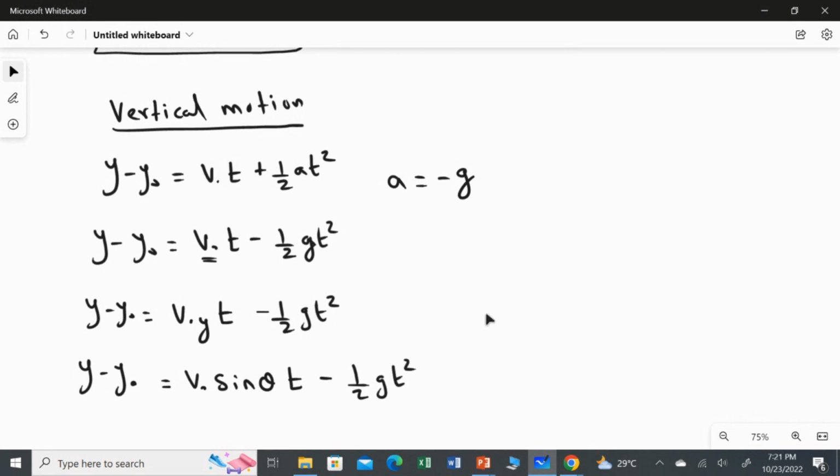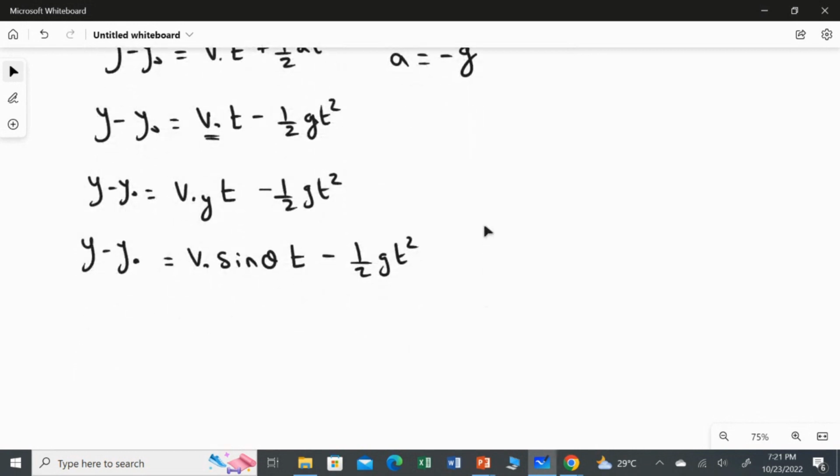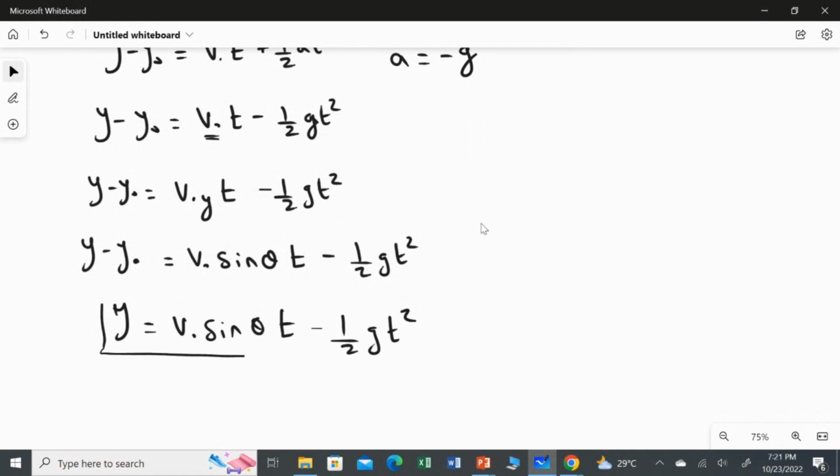As we already mentioned, our x0 and y0 are 0. So I can rewrite this equation as y equals v0 sine theta multiplied by t minus half gt square. This is our equation of the projectile displacement in the y-axis, that is nothing but our vertical motion.